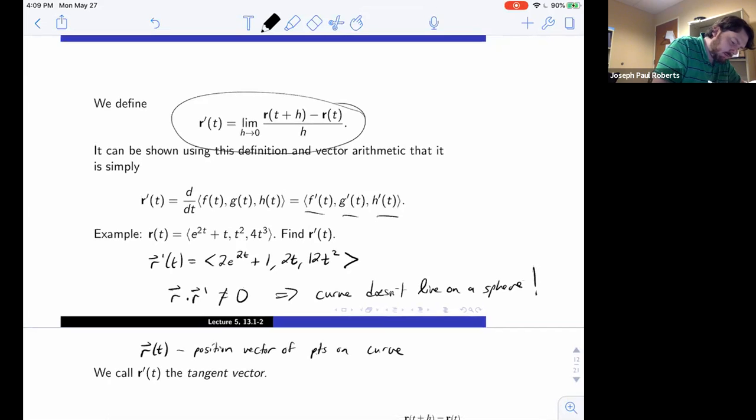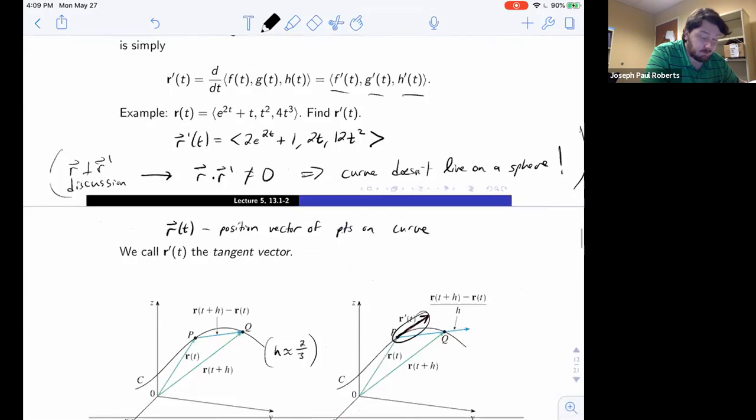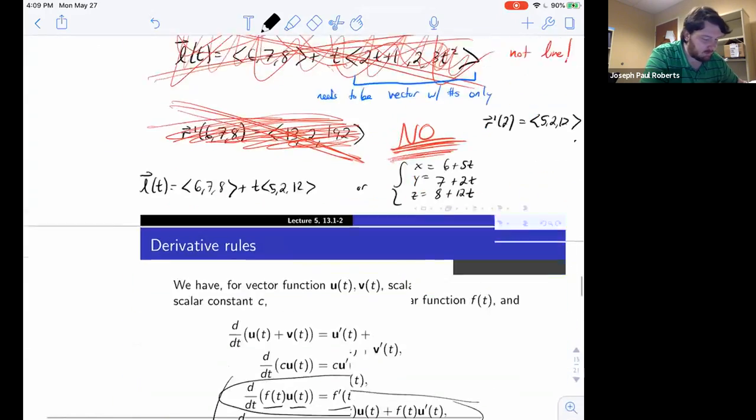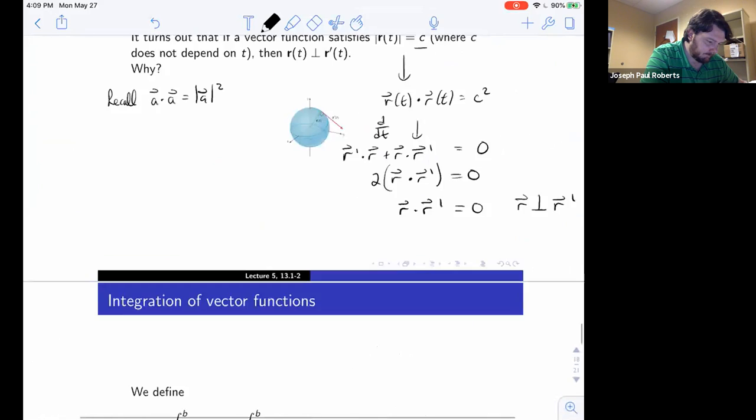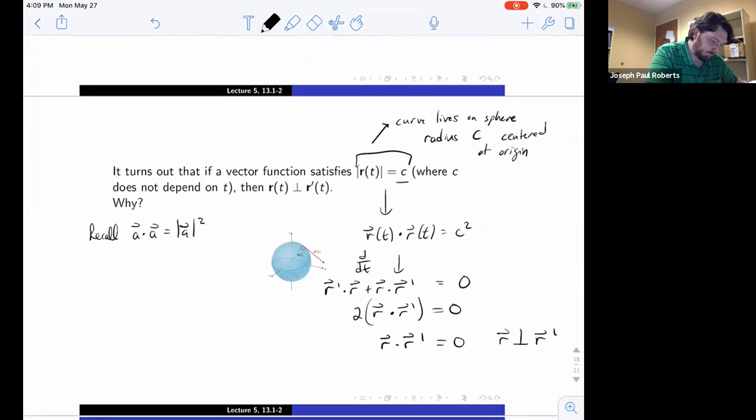So maybe I'll leave this here, the r perpendicular to r prime discussion. It's special to be trapped on a sphere, which gives you this nice geometric property. It has to do with the fact that you're trapped on that sphere. If you're making a different shape, then who knows?